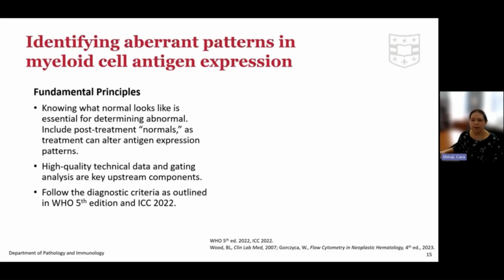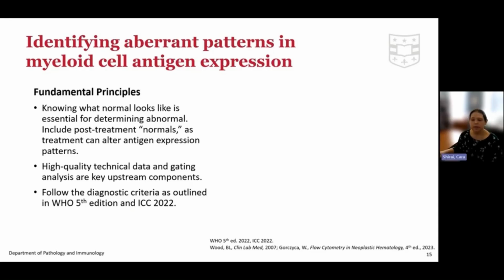Identifying aberrant patterns of myeloid antigen expression has some fundamental principles. It is essential to know what normal looks like in your flow cytometry panel so that you can recognize abnormal. The spectrum of normal you learn should include things like post-chemotherapy normal or post-hematopoietic stem cell transplant normal, and any other conditions that you may be reviewing as part of your routine practice, as these could alter cell populations or antigen expression patterns.